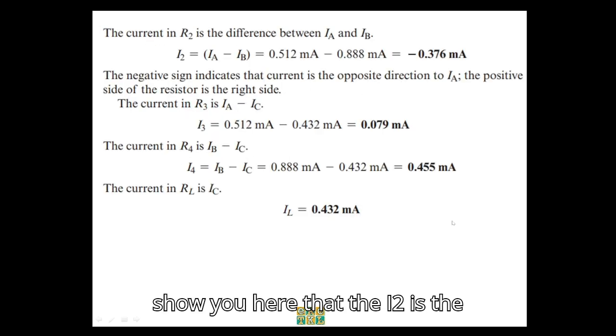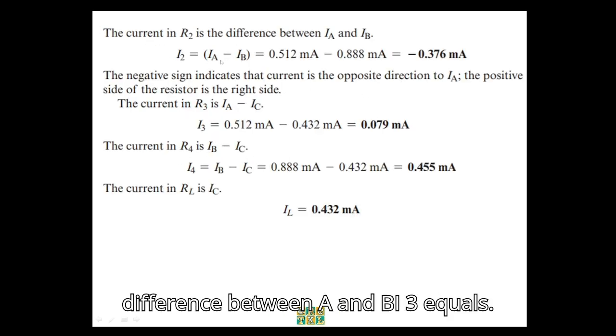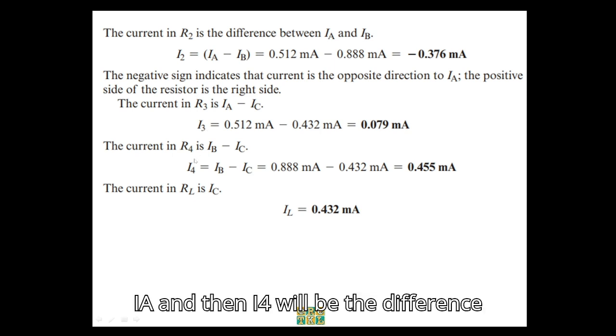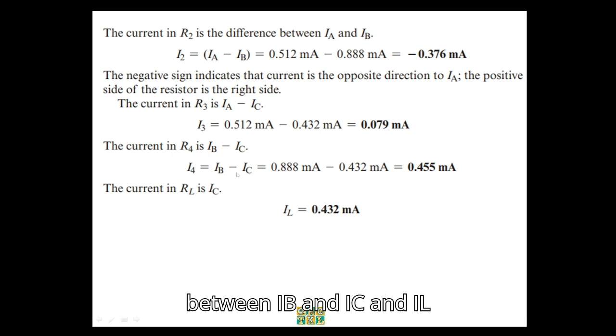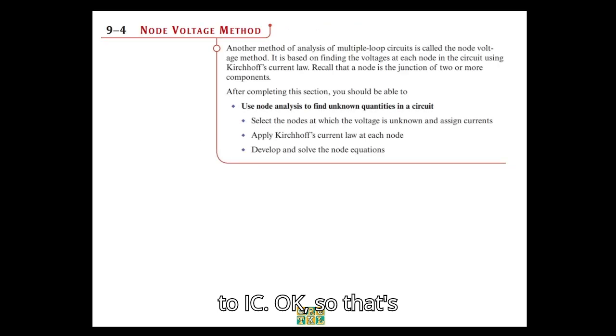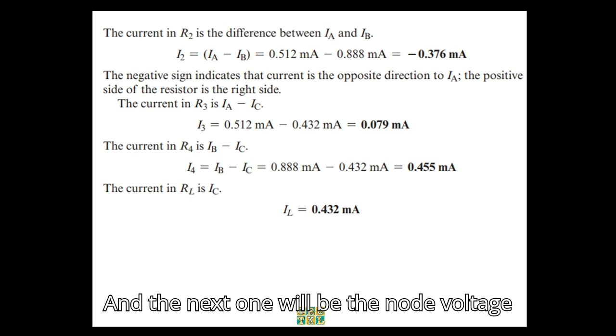As we will show you here, that the I2 is the difference between A and B. I3 will be equal to IA, and then I4 will be the difference between IB and IC, and IL is equal to, where's IL? Equal to IC. Okay, so that's the branch current method, and the next one will be the node voltage method.